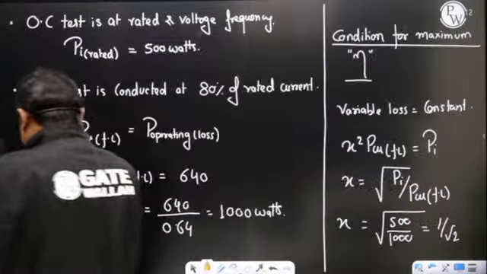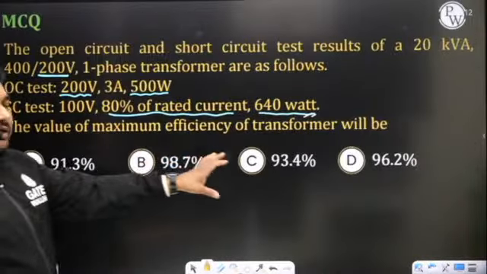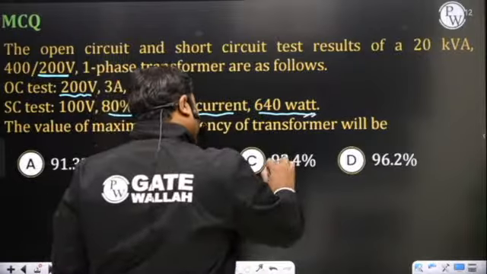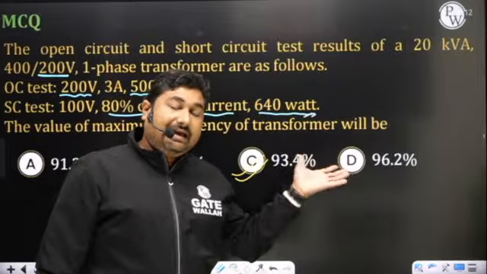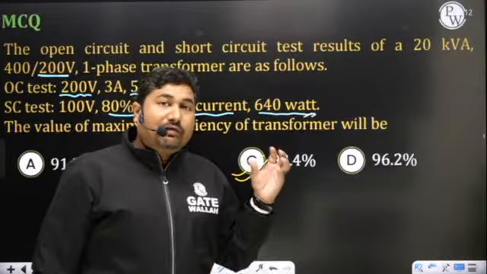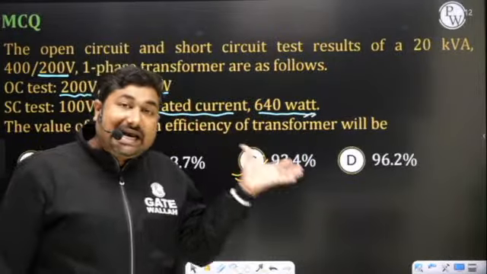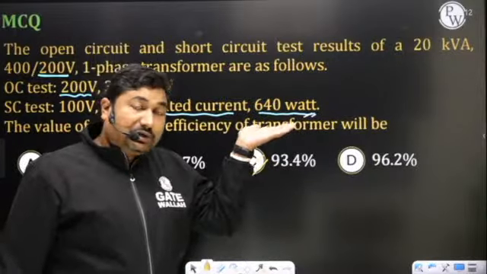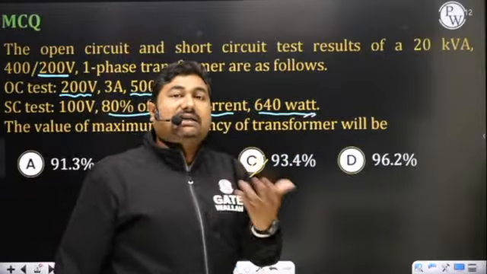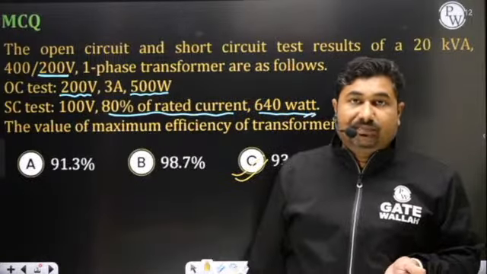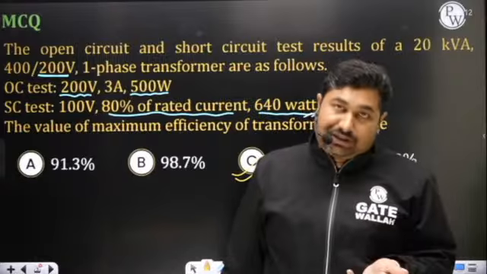Whenever options are given, it is very easy. In case you have to fill the values NAT type, then always properly read the units in which they are asking. If they are asking for kVA at which efficiency is maximum, they may ask for VA at which efficiency is maximum.